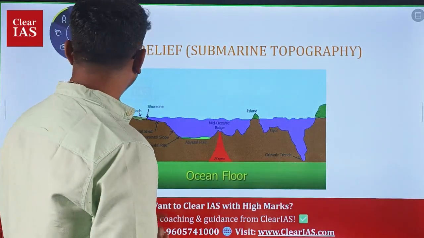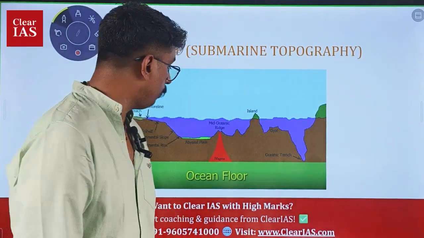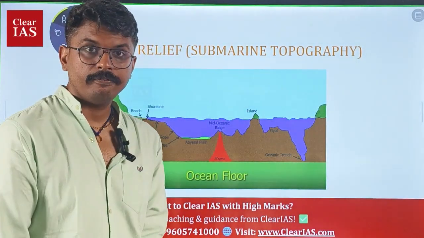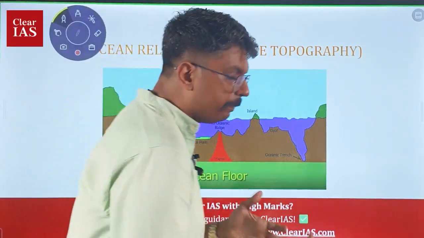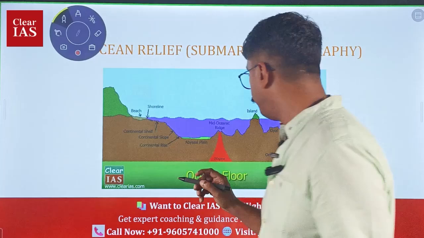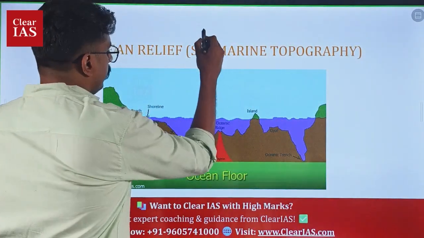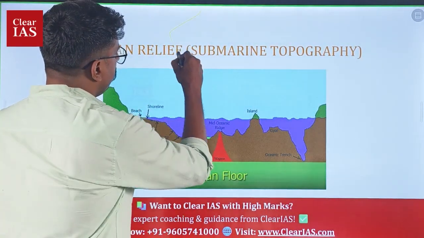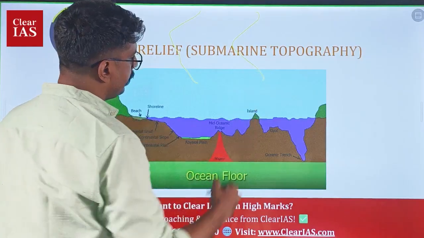Now, after World War One, when the German-made submarines came and we started moving into the depth of the oceans, we found out that in between oceans, for example, imagine this is the Atlantic Ocean.